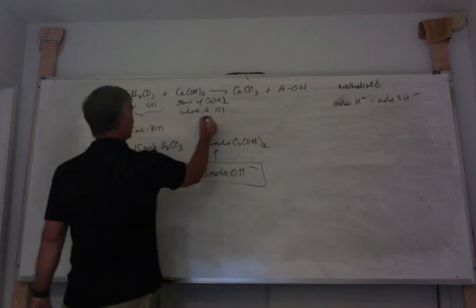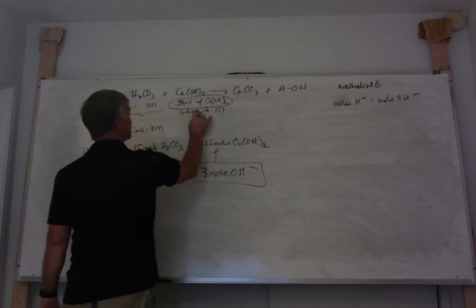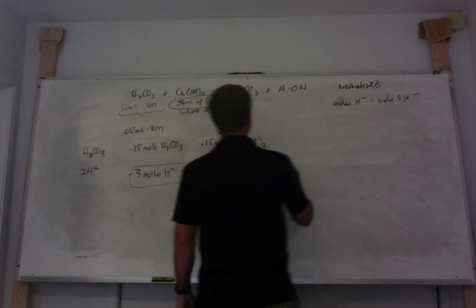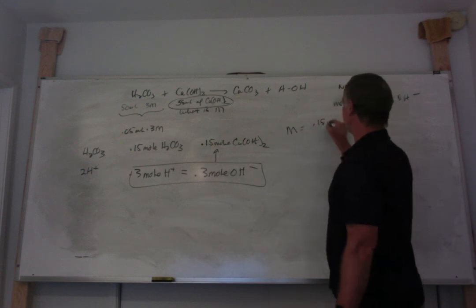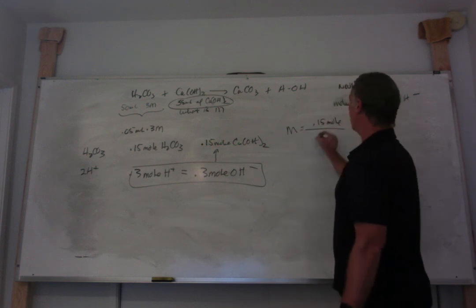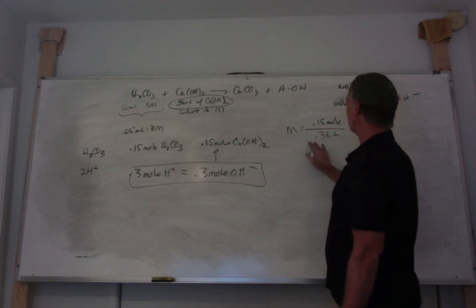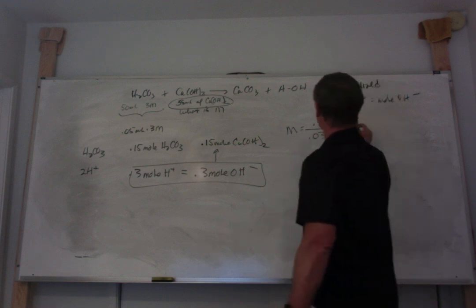And now we've got it because I now know my milliliters and my molarity. The molarity of calcium hydroxide is going to be 0.15 moles over 0.038 liters.